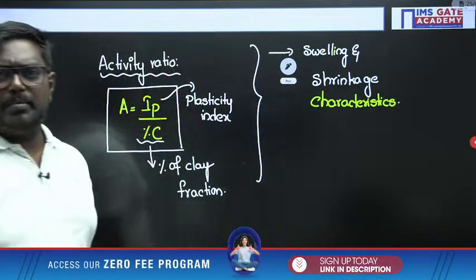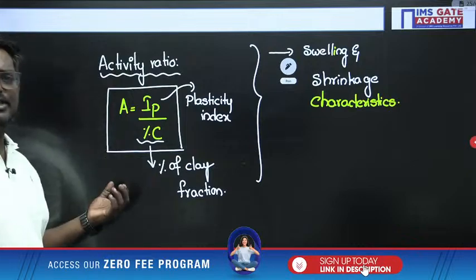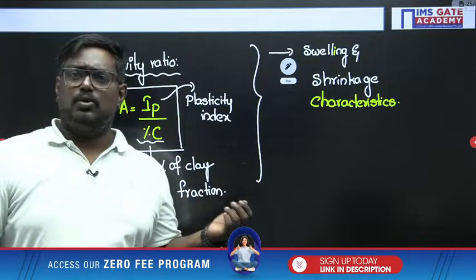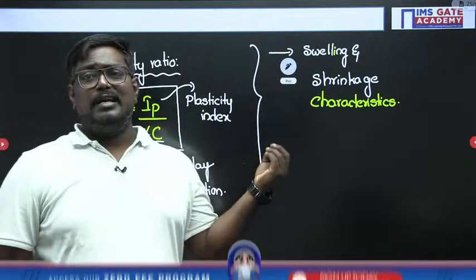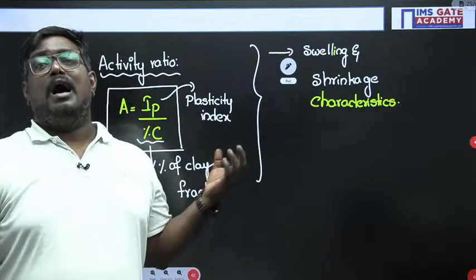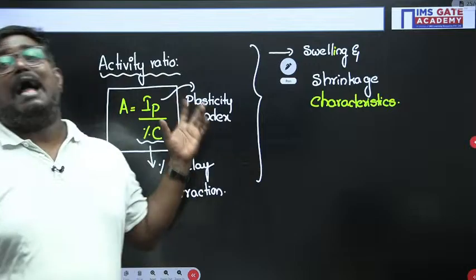So always remember, activity ratio is defined as the ratio of plasticity index to the percentage of clay fraction. The swelling and shrinkage characteristics of a soil are represented by a number called activity number.